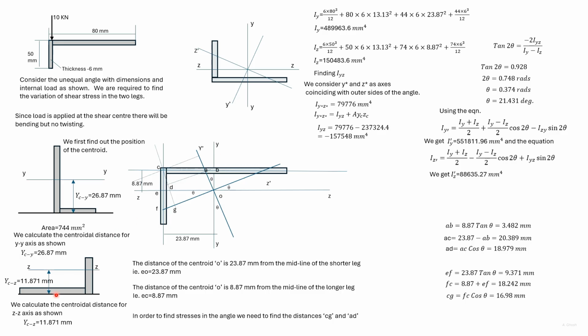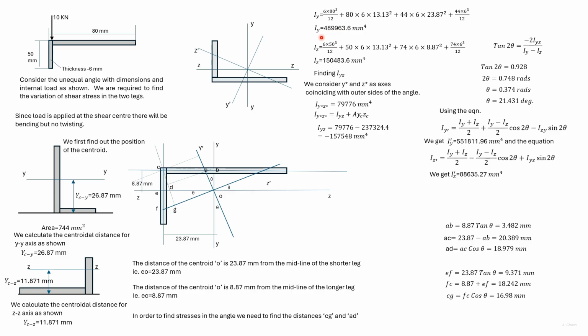We find the distance of the centroid from the outer edge of the longer leg to be this value. This centroidal axis parallel to the outer edge of the longer leg is designated as the ZZ axis. So here we have plotted the centroid with the YY and the ZZ axis.